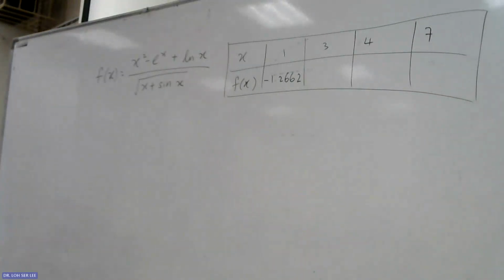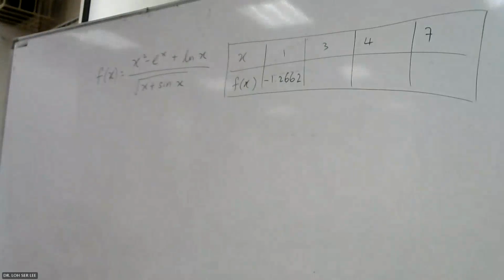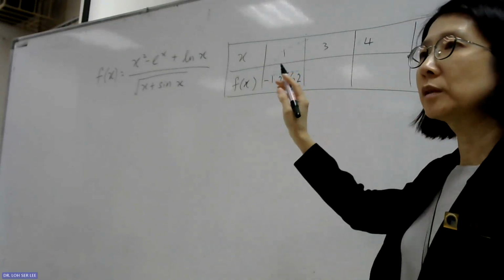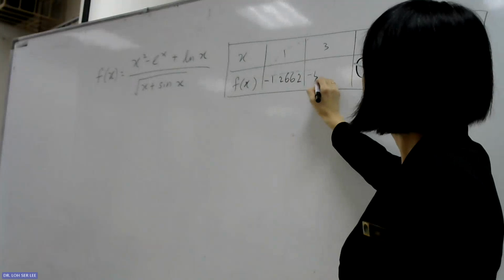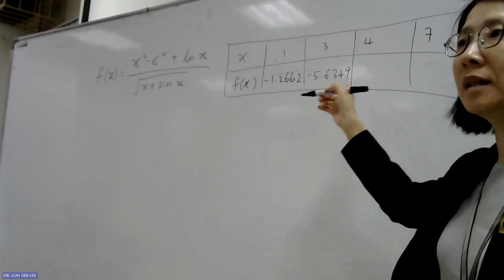When x is 3, negative 5.6349. Do you all get this?